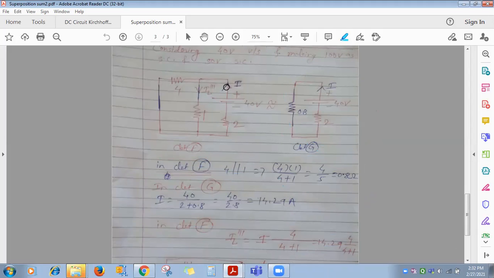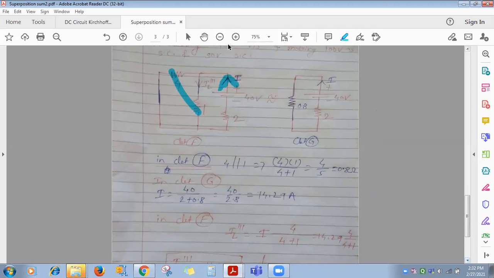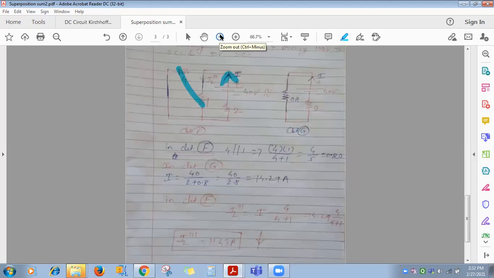Total current you should know. Again, 4 and 1 ohm are in parallel, and we want IL triple dash. Means what to use? Same concept, current division rule. So IL triple dash is I into the parallel resistance 4 ohm divided by 4 plus 1, and that will be in downward direction. Clear?